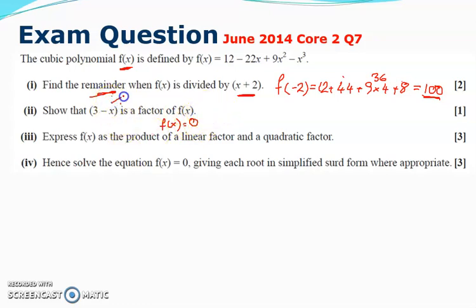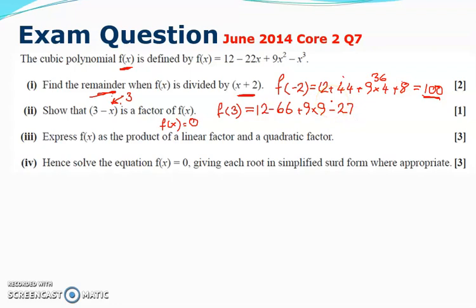Now, of course, if I put 3 in here, it will make it work. So if I do f of 3, when I say make it work, that will make that bracket equal to 0. So if I put 3 into this, I get 12 minus 22 3s are 66, plus 9 times 3 squared is 9, minus 27.